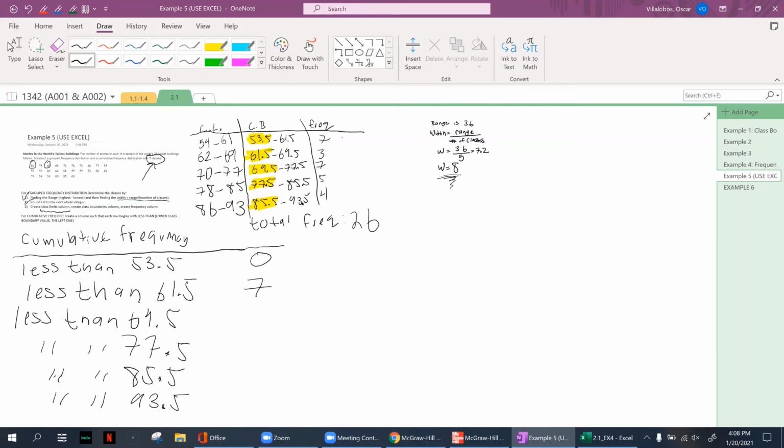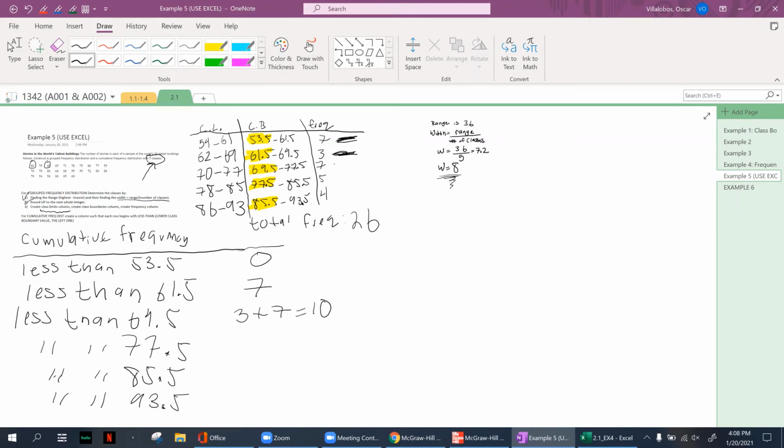You see that number right here. And to find the next value that goes here, because it's cumulative, you're adding it to the previous thing. It is now going to be 3 plus 7, which is going to be 10.